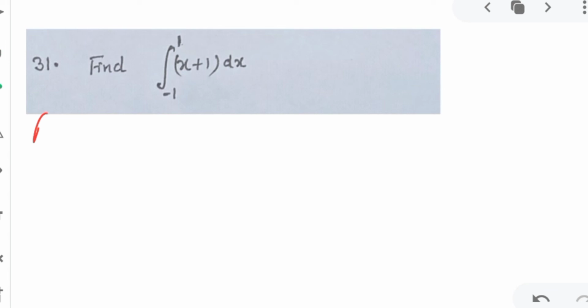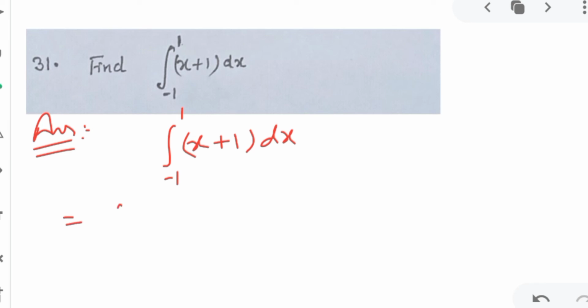Okay, so in the same way we solved the previous question, we will solve this also. First we'll find the integration of x plus 1 dx, and after finding the integration we'll put the lower limit as minus 1 and the upper limit as 1. So the integration of x plus 1 dx we can find very easily. I will separate it: x dx, and plus 1 into dx.